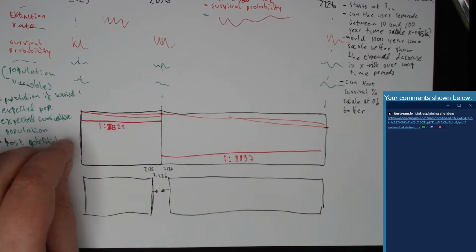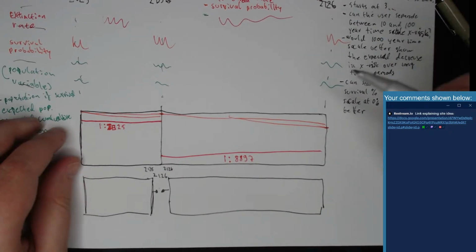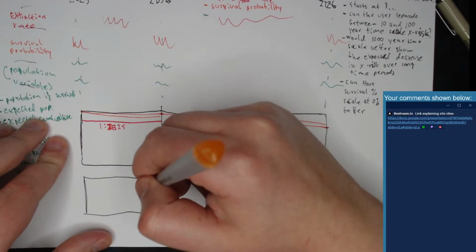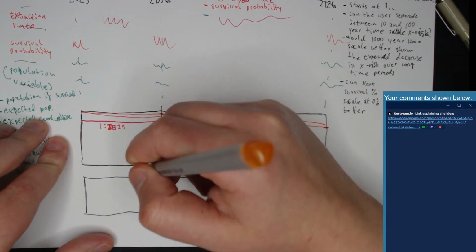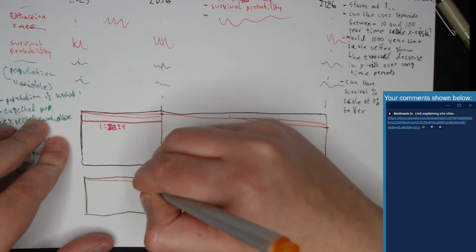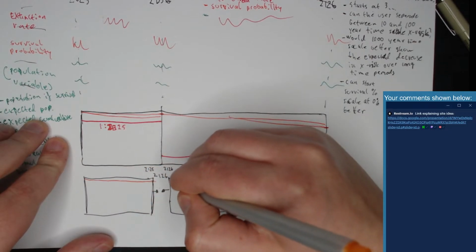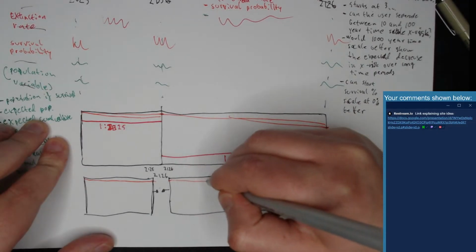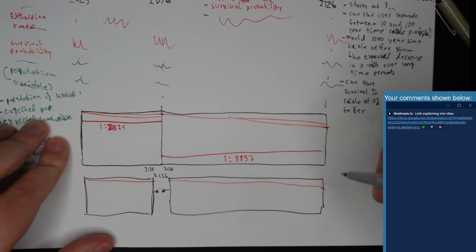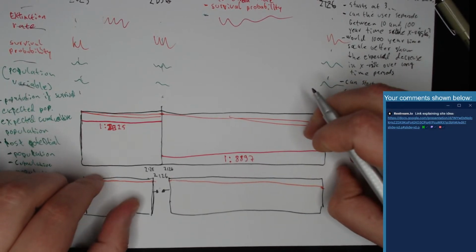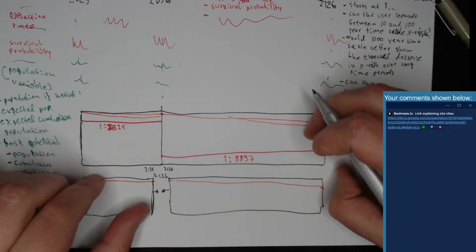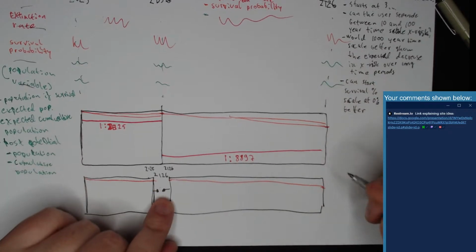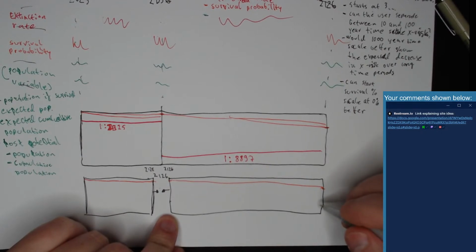So let's see, this would end in here, and then it would start off at the same point. And one thing that I also want to do is I don't want these to be in a logarithmic time scale.